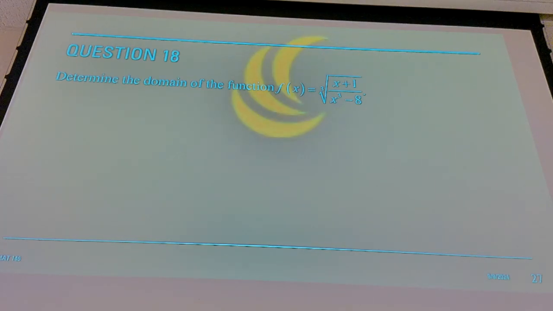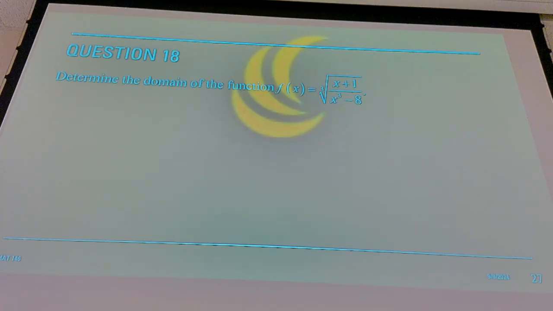So you see the radical, which is good. What's the index of the radical? 3. Is that even or odd? Does that give us a restriction? So there's no restriction with the radical. What about the denominator?